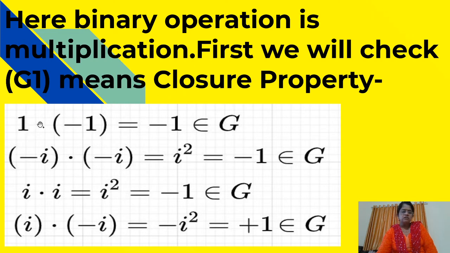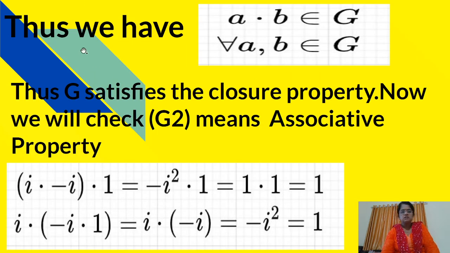Now see 1 into -1 is equal to -1, which belongs to G. Minus i into minus i is equal to plus i square, which is equal to -1, but -1 also belongs to G. Consider i into i, which is equal to i square, which is equal to -1, which also belongs to G. Consider i into minus i, which is equal to minus i square, which is equal to +1, which also belongs to G. Thus we can say that for every a, b belonging to G, a into b belongs to G. Thus G satisfies the closure property.